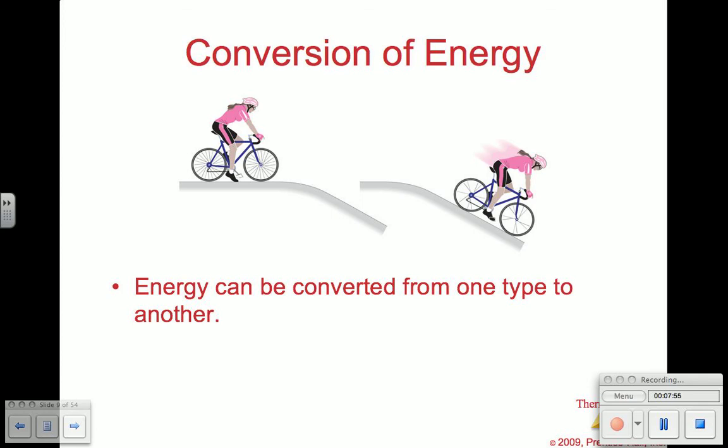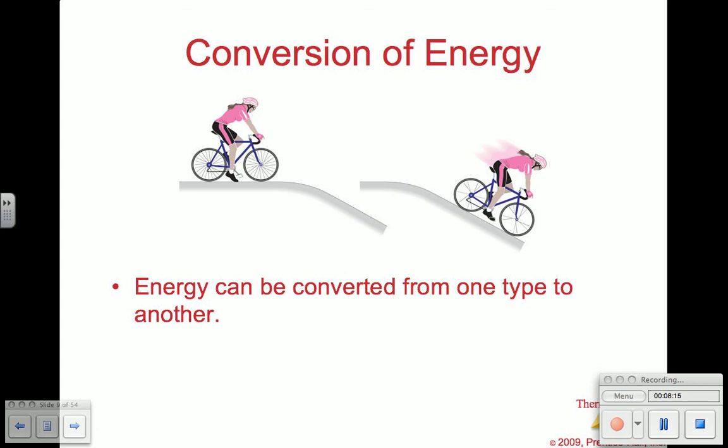Okay, so one thing to note is we do a lot of studying of the conversion of energy. When energy goes from one form to another, the example of the biker is that it goes from potential energy to kinetic energy, energy of motion.